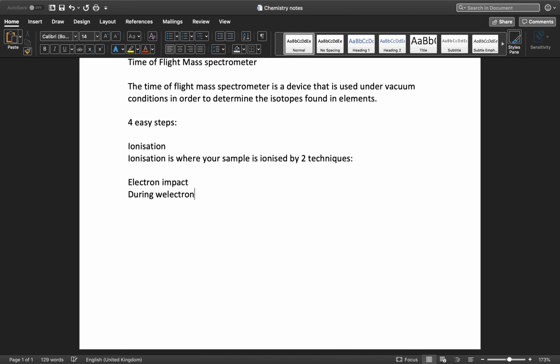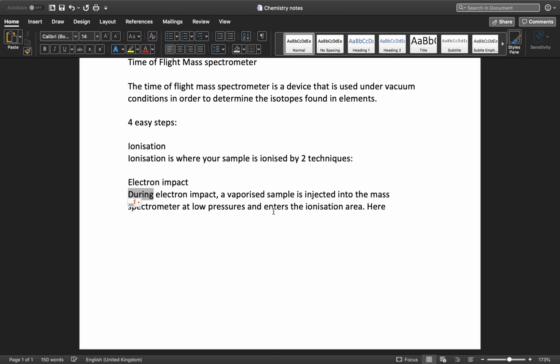During electron impact, a vaporized sample is injected into the mass spectrometer at low pressures and enters the ionization area.